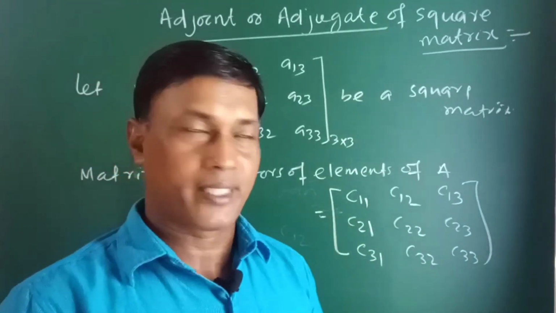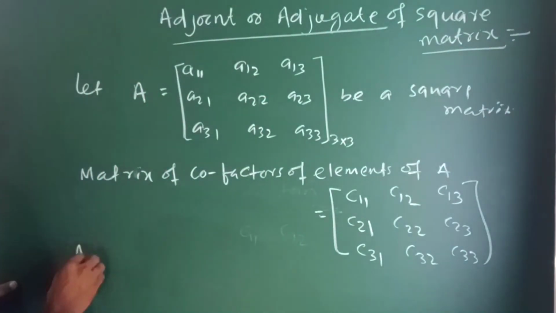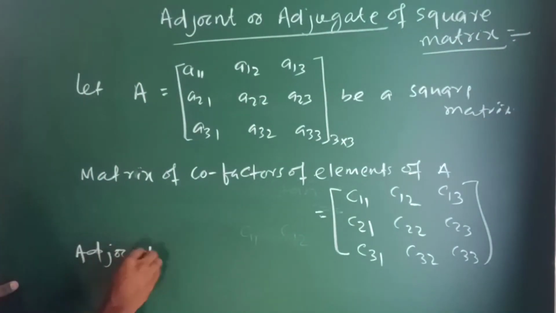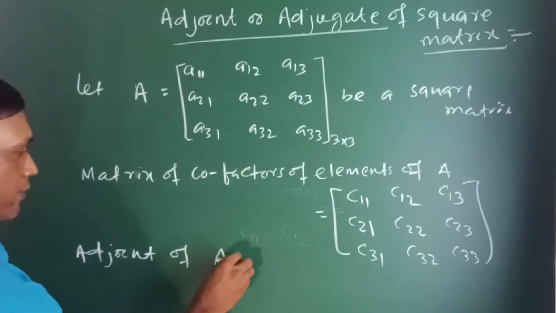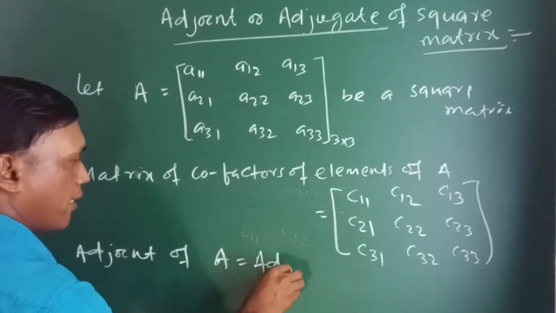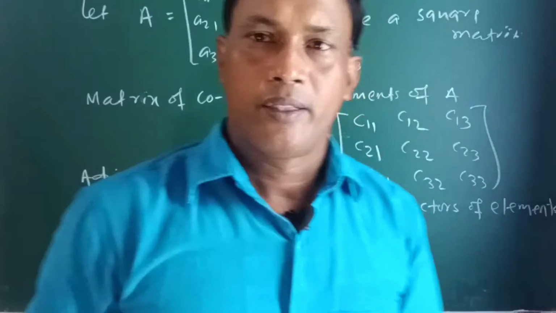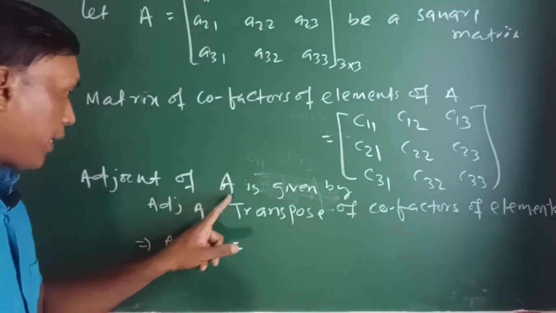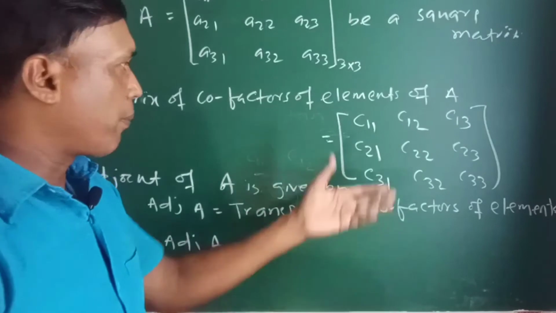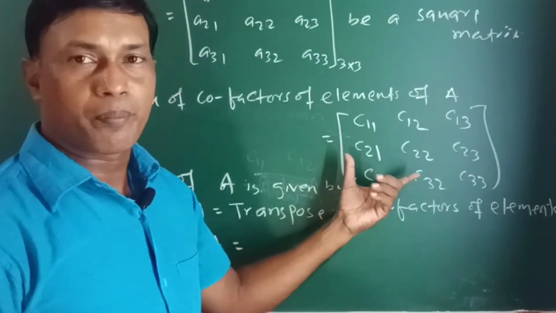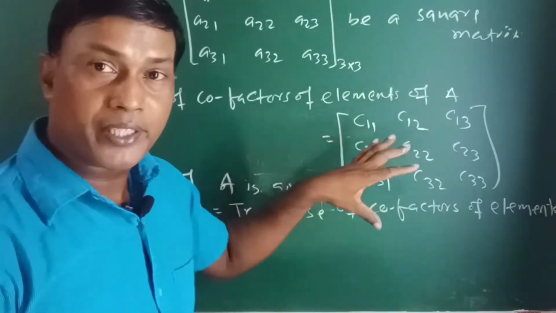Now is the adjoint, and the adjoint of a matrix A is given by adjoint A. We have already found the cofactors of elements. This is the matrix of cofactors.